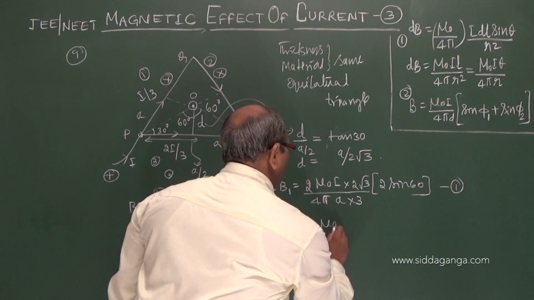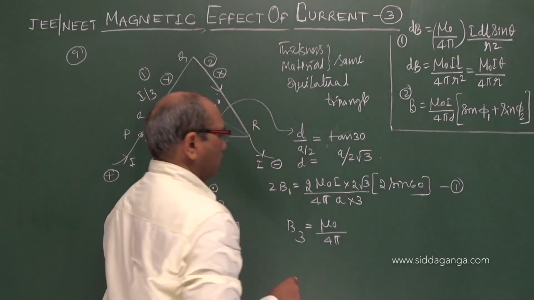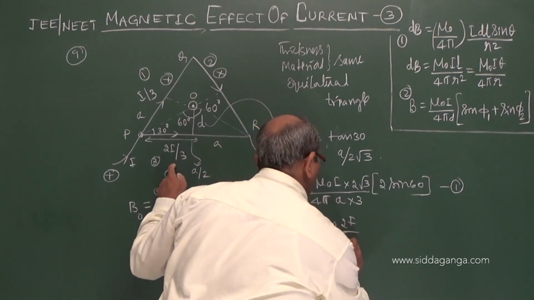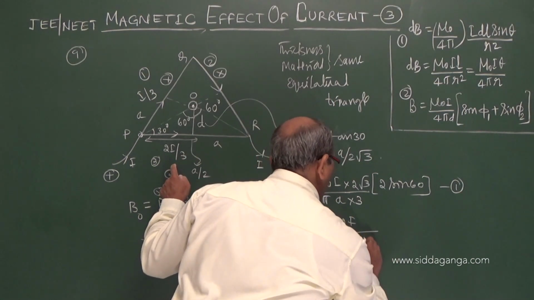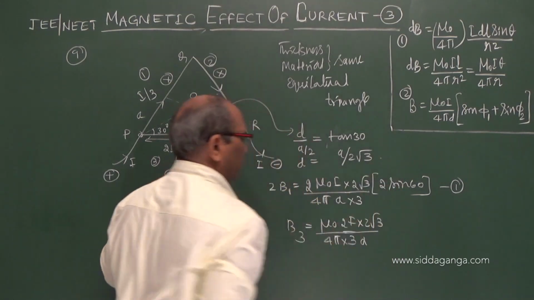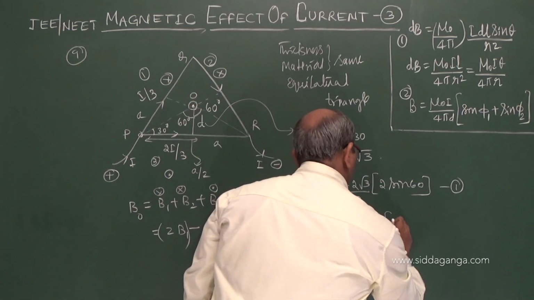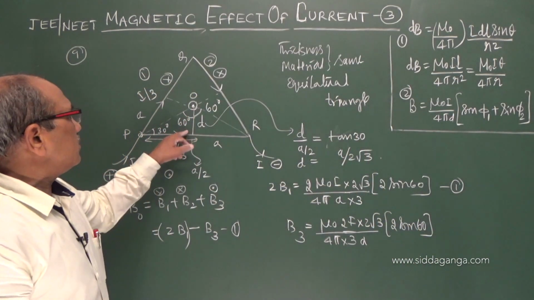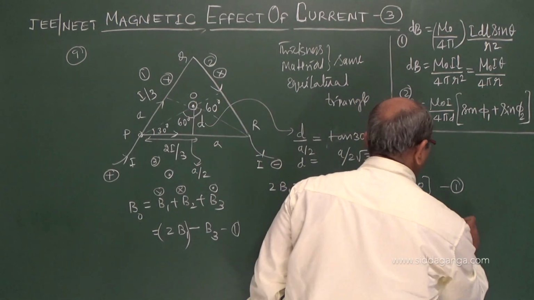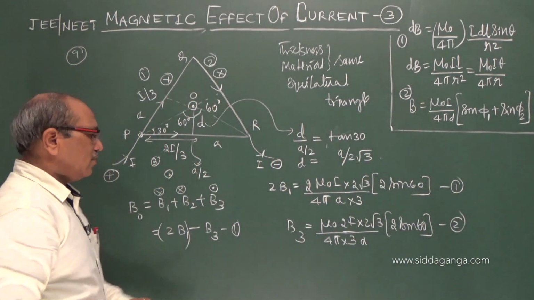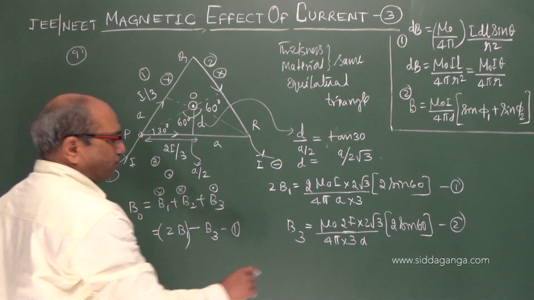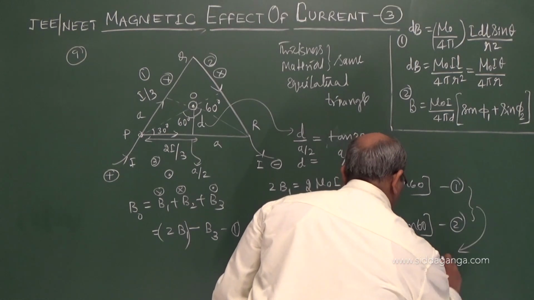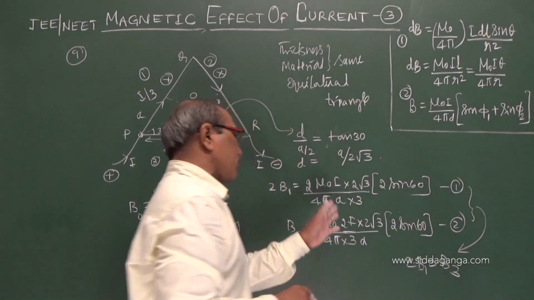This is just mu naught upon 4 pi, I is 2I by 3, because current is 2I by 3, into D value, into 2 sin 60. This is also sin 60 and sin 60. It is equation 2. See the magnitude, that is equal. If you compare these two, you are seeing that 2B1 equals B3 in magnitude.